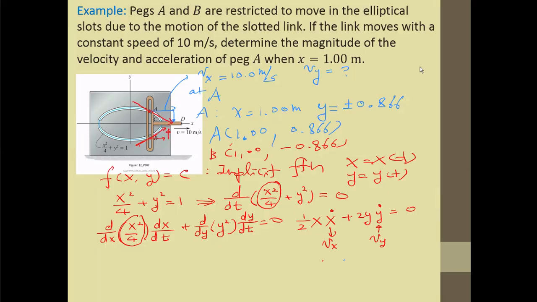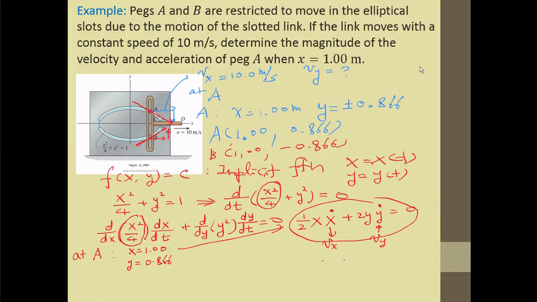Vx is constant. At A, which means x equals 1 and y equals 0.866, we plug the x value and y value into this relationship and solve for y dot, which is actually the velocity y component. That's what we did the last time.